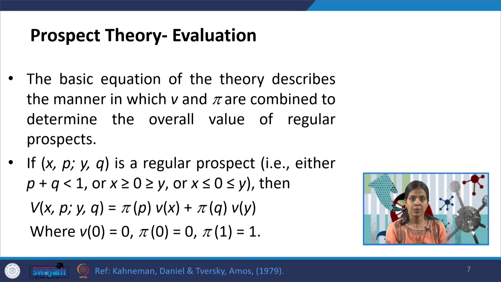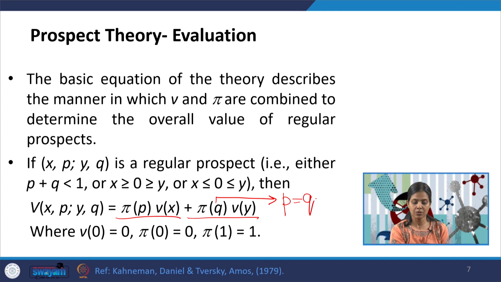If (x, p; y, q) is a regular prospect, then V(x, p; y, q) is equal to pi(p)v(x) plus pi(q)v(y), where v(0) equals 0 and pi(0) equals 0, which simply implies that if the probability is 0, that is either p or q equals 0, then the pi function is also equal to 0.